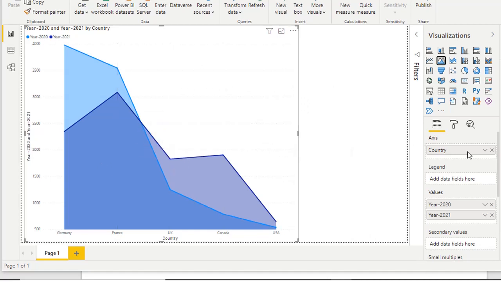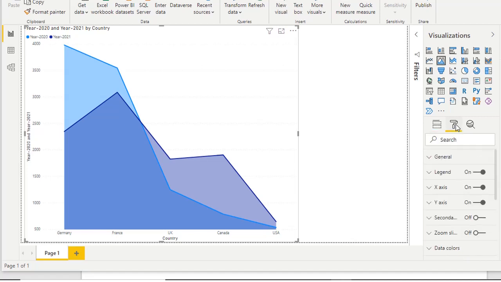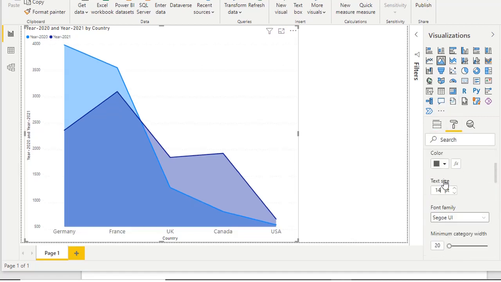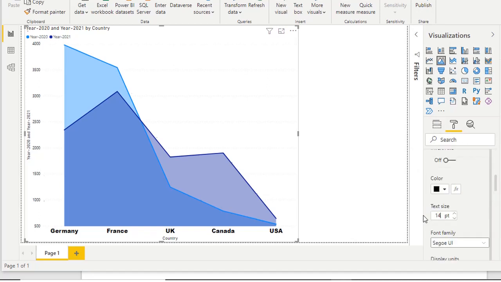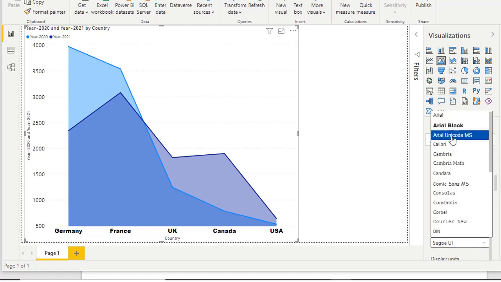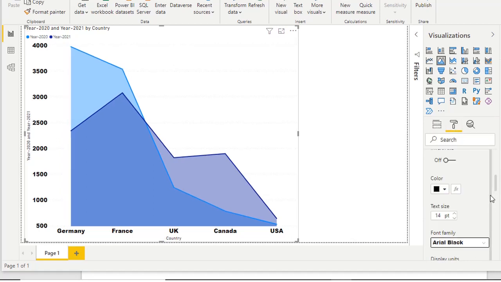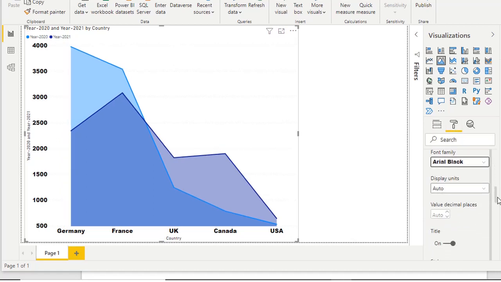Now some formatting. Then y-axis, display say none.